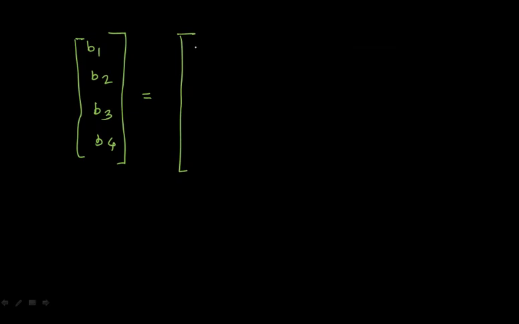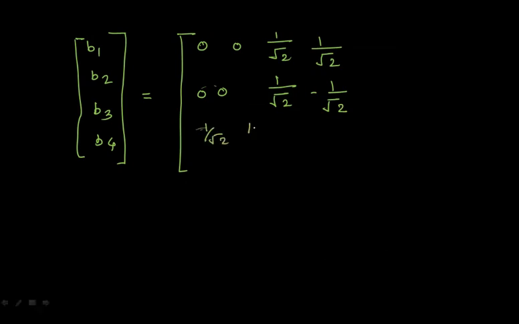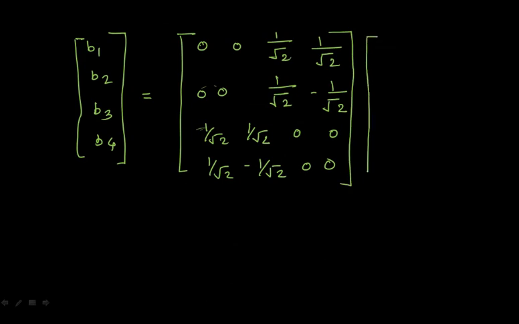So the same matrix means you write 0, 0, 1 by root 2, 1 by root 2, 0, 0, 1 by root 2, -1 by root 2, then 1 by root 2, 1 by root 2, 0, 0, 1 by root 2, -1 by root 2, 0, 0. It's very easy to remember, because the same kind of things are repeating there, and these are nothing but the inputs which you are giving, A1, A2, A3, and A4.